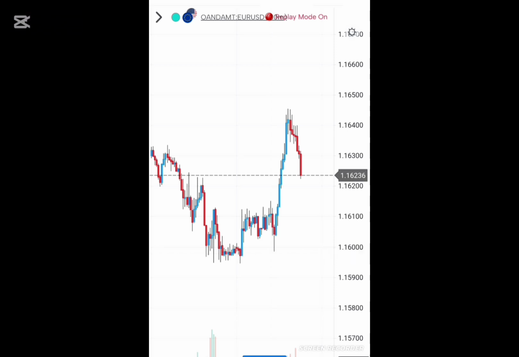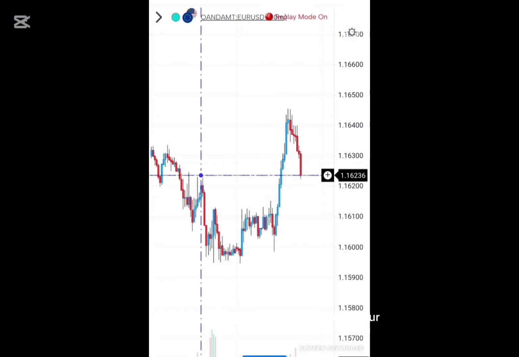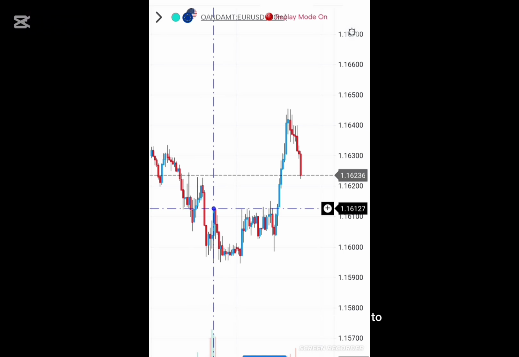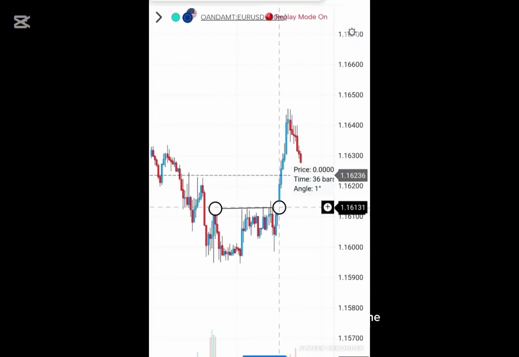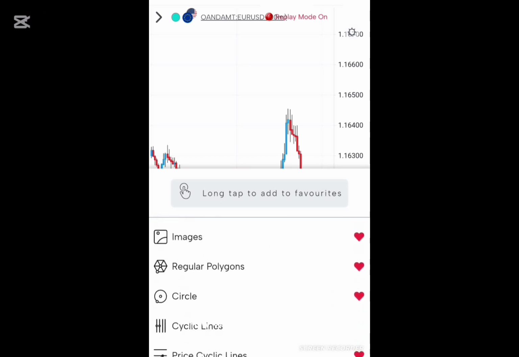We are going to draw our line from here to here as our breakout structure, and we have the demand that caused the breakout structure to the upside. Now we mark our demand here.